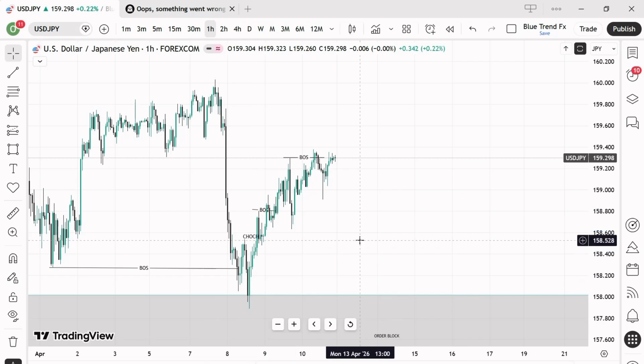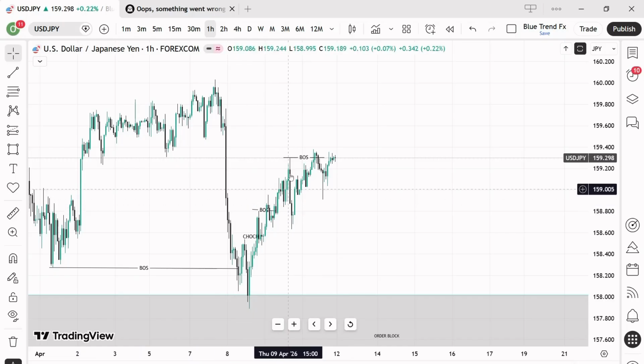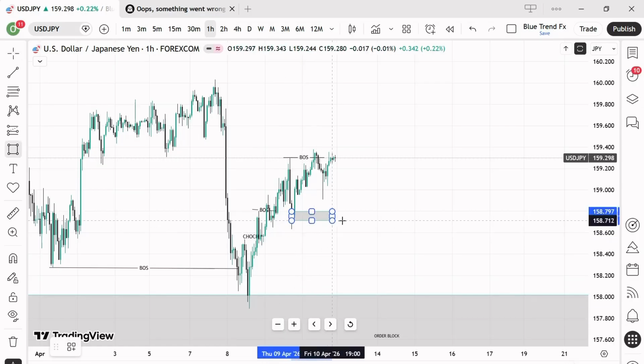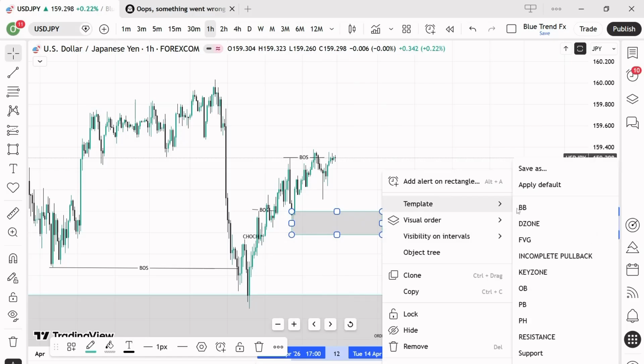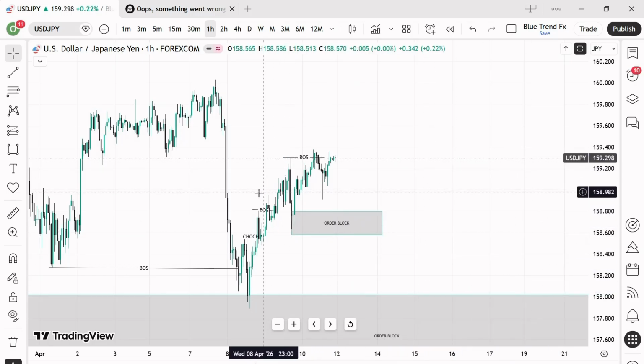Let's regard this as a change of character, guys. So price came right to these regions to clear liquidity, and because of that, based on my strategy, this is where I'll be expecting to take my buy from.